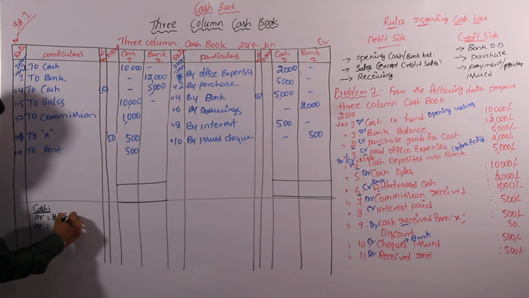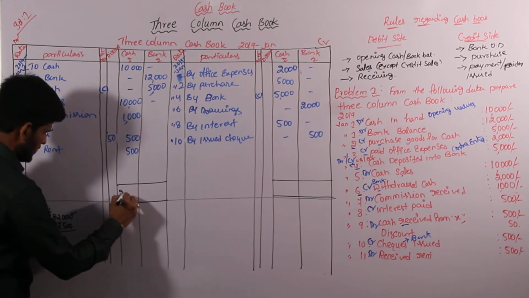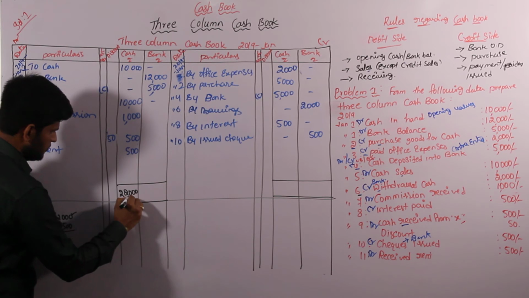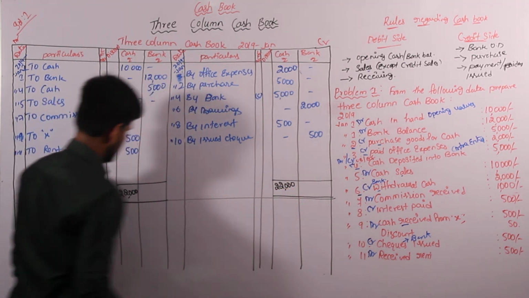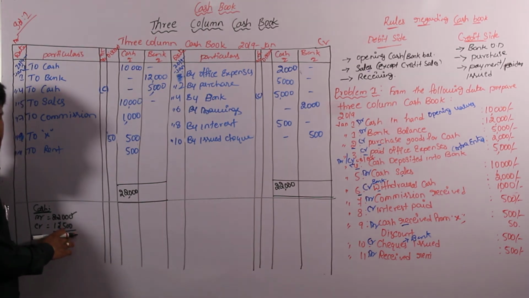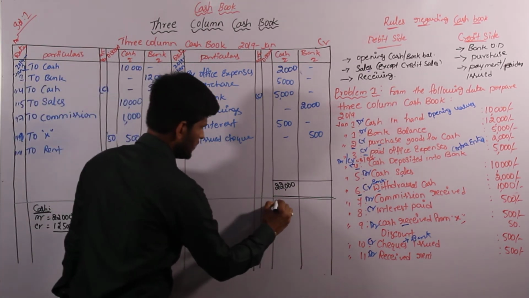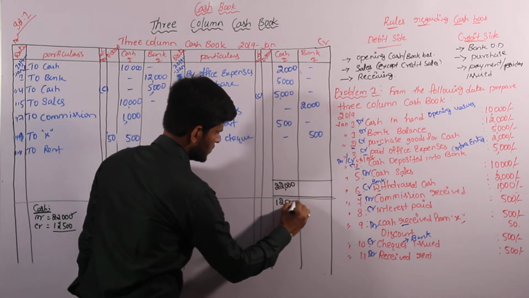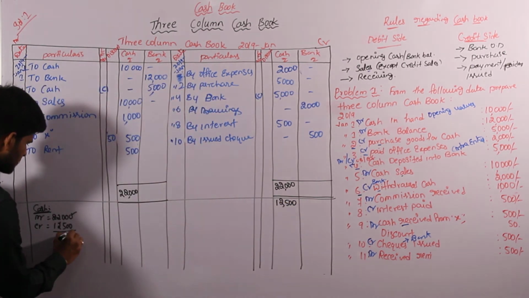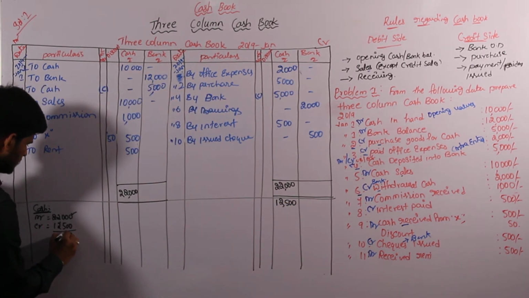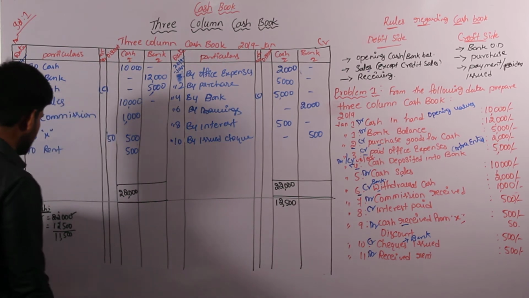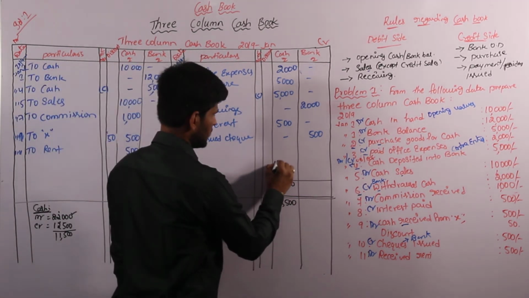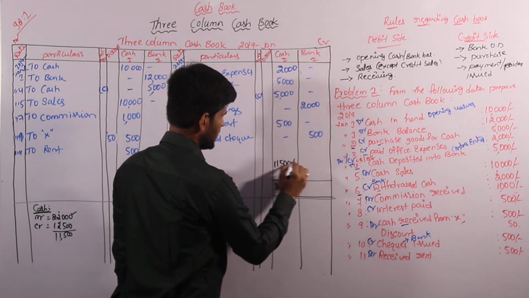Our excess value is on the debit side, so we have to write this excess value on both sides, 22,000, 22,000. And our least value is on the credit side, 12,500. We have to subtract. That is 11,500. Here we have to write 11,500.